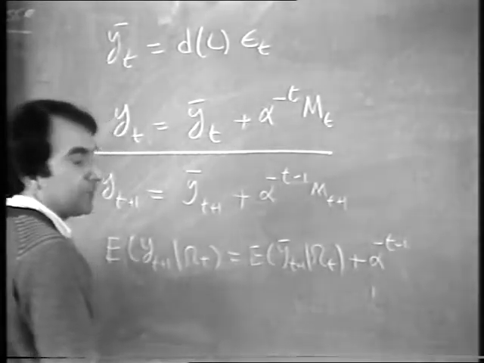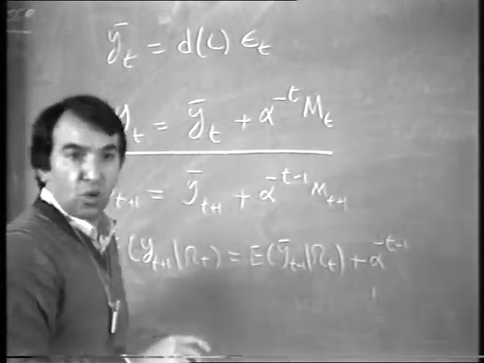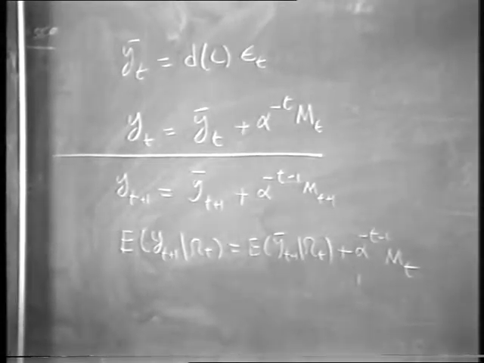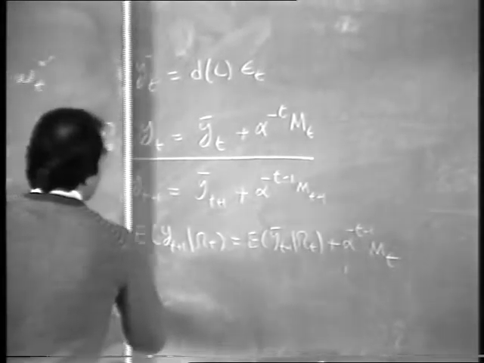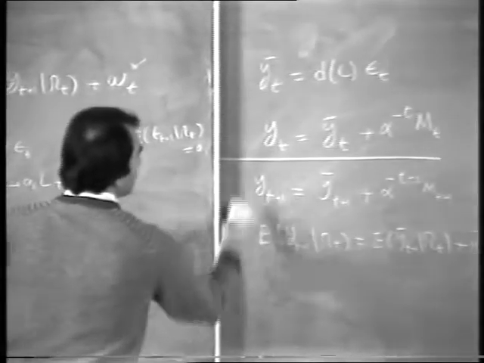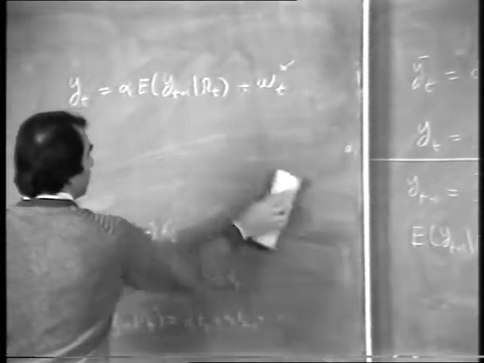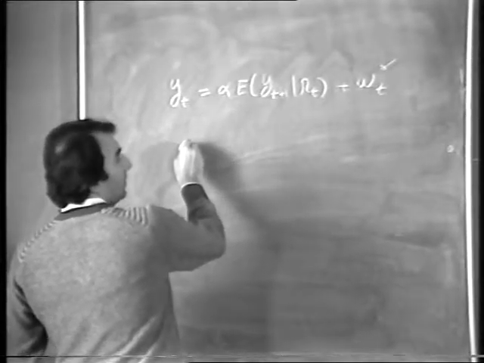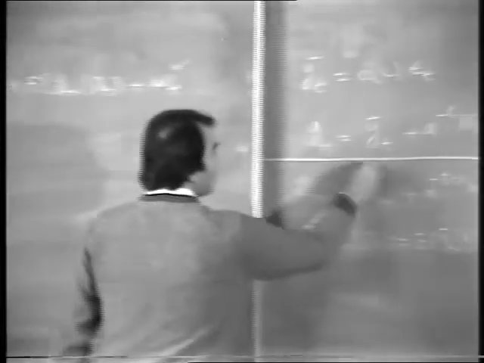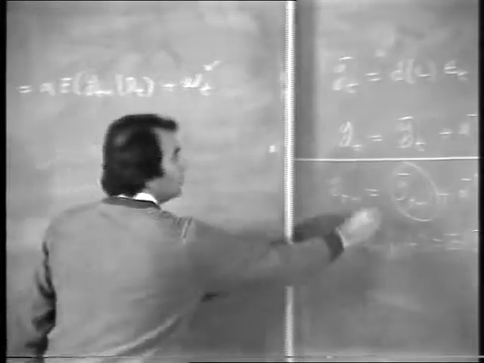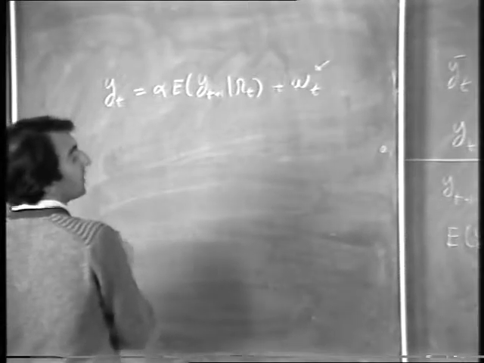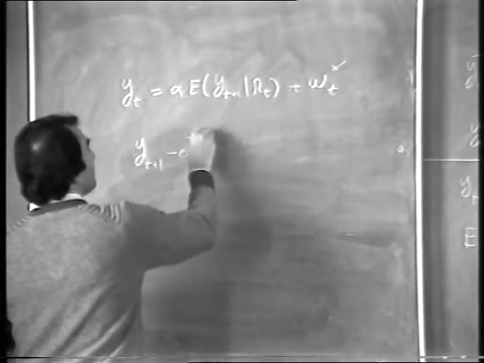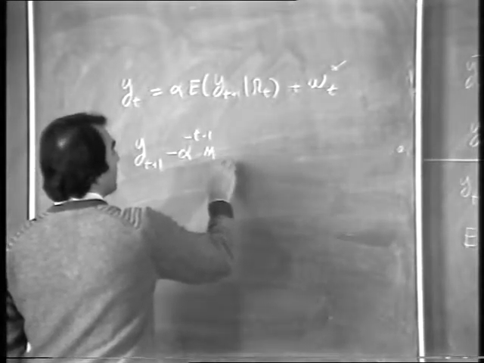But since this is a martingale, the expected value of mt plus 1 conditional on omega t becomes equal to mt. Now, if we replace these two expressions back into the equation itself, since we know that Yt bar is a solution, we can use this and suggest that it will satisfy the above equation.